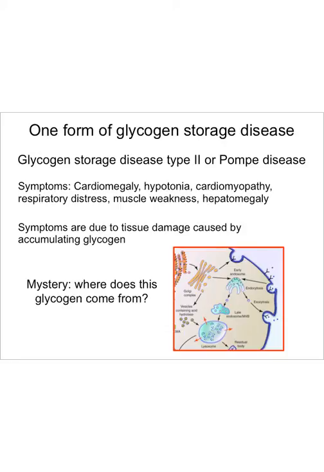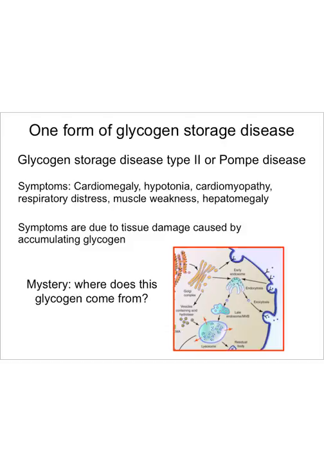So the symptoms you see in a patient are cardiomegaly, as the heart cells build up, hypotonia, weakness of the muscles, eventually cardiomyopathy and difficulty breathing, and you also get hepatomegaly from the extra storage of glycogen within the liver. These symptoms are due to tissue damage caused by accumulating glycogen within primarily muscles.